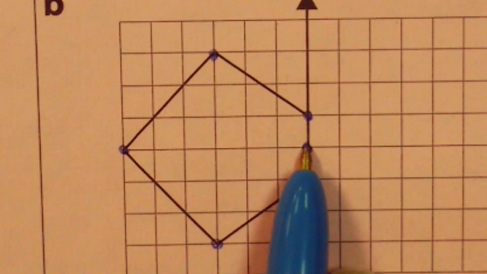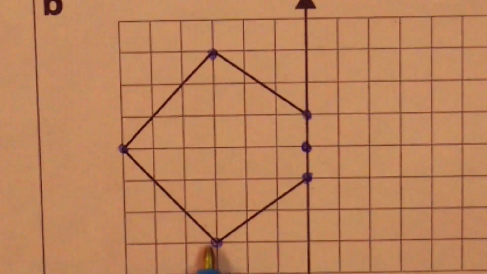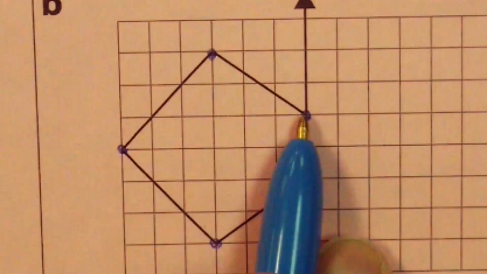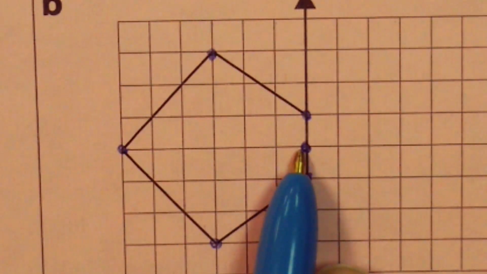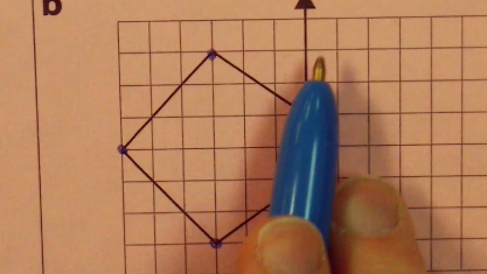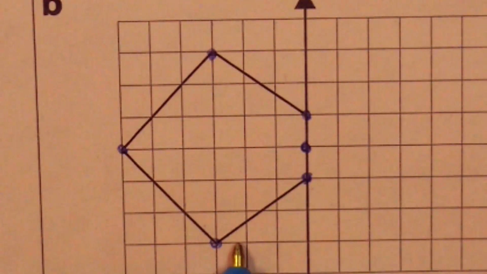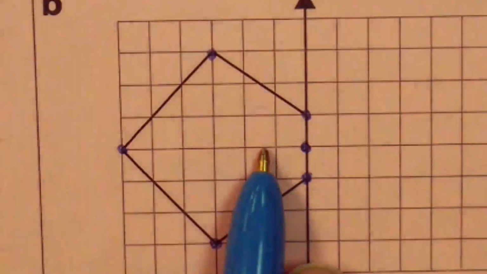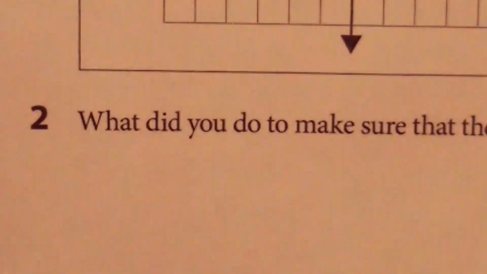So if you start from here to find all of them, it's totally fine, or if you use this or this, that's fine, but you can't switch. So pick a point and then do it. So 1, 2, 3 up, 1, 2, 3 in, 1, 2, 3 down, 1, 2, 3 in, and then you can just go 1, 2, 3, 4, 5, 6 out. But I'm going to let you do that one on your own.